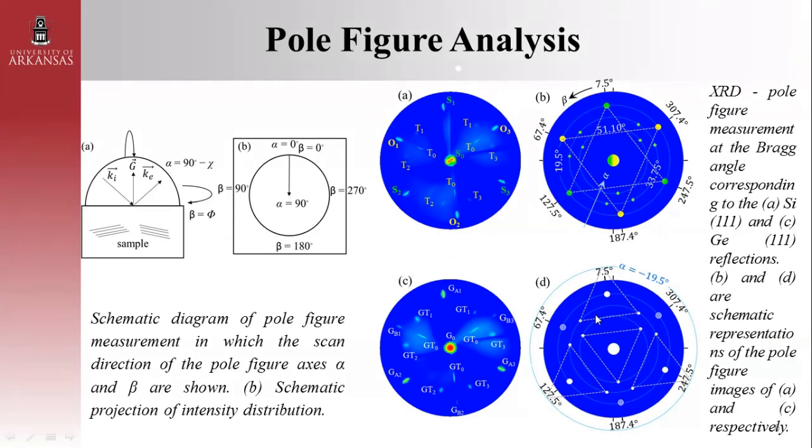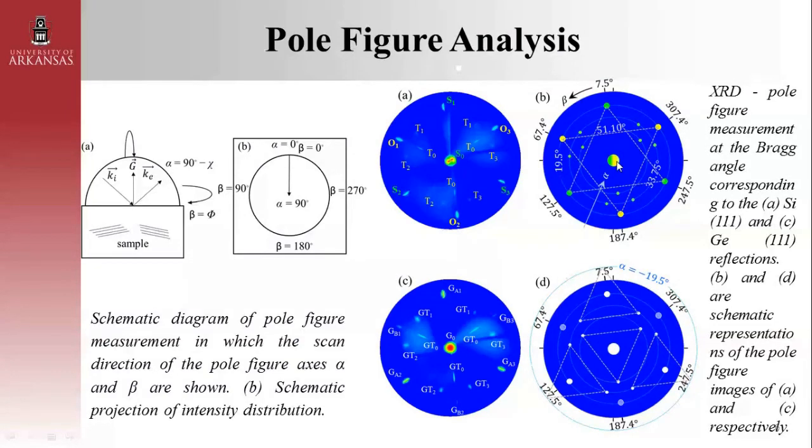If you look carefully, S0, S1, S2 and S3 correspond to 111, 1bar11, 11bar1 and 111bar, basically a family of 111 planes in the silicon cell. These reflect the threefold symmetry of silicon about the silicon 111 axis.